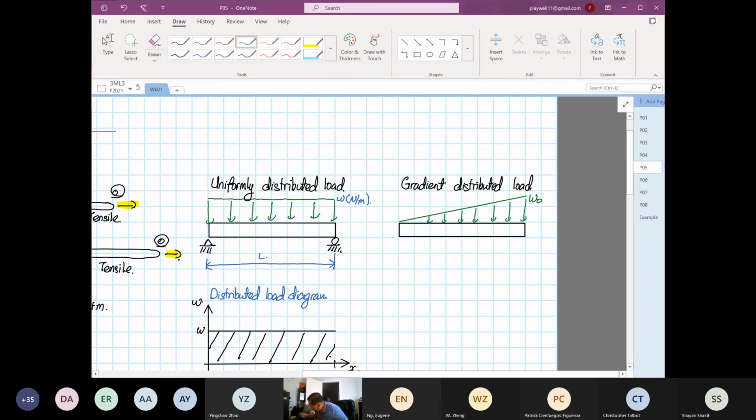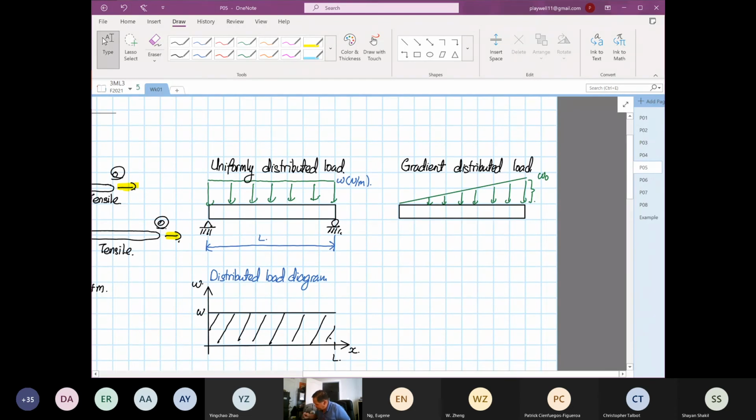Now omega naught over here that you see is the highest magnitude, the longest arrow. Okay, so when that's the case, again, this entire structure is simply supported.